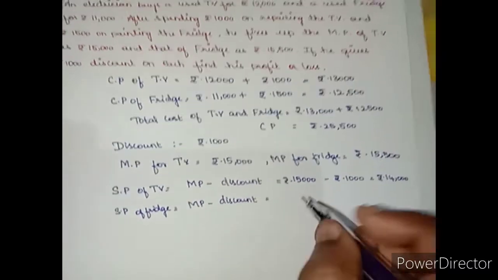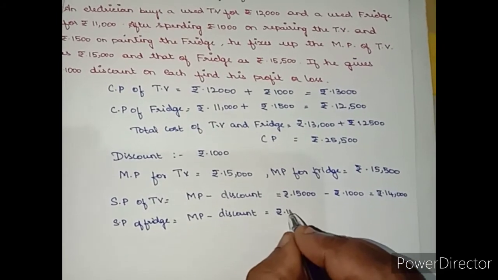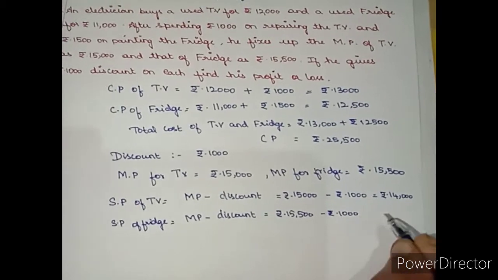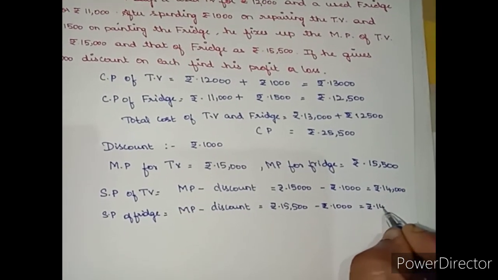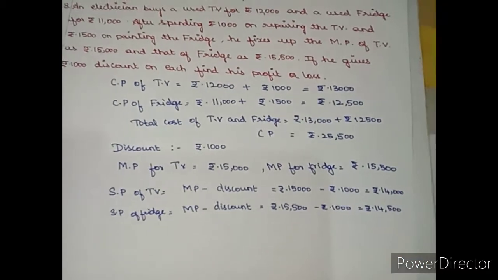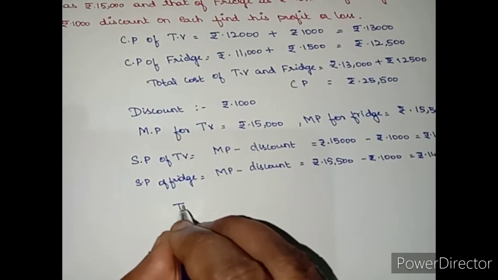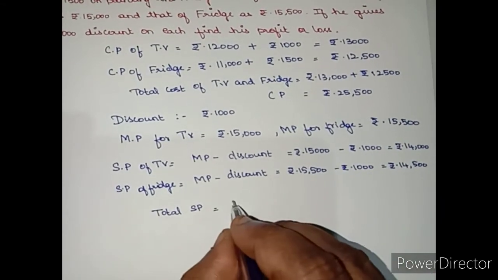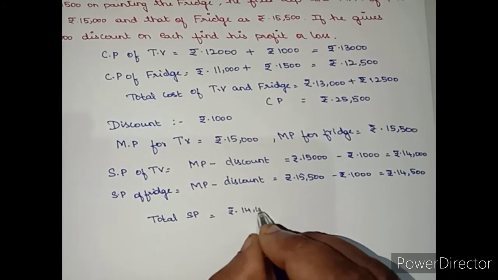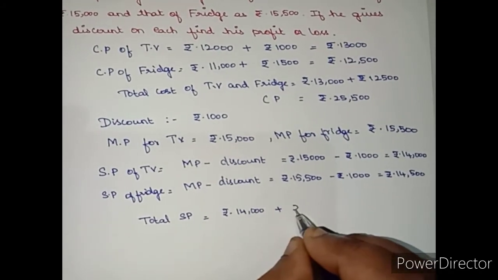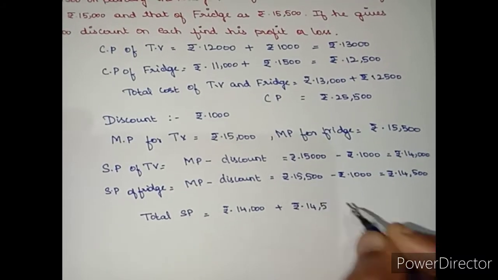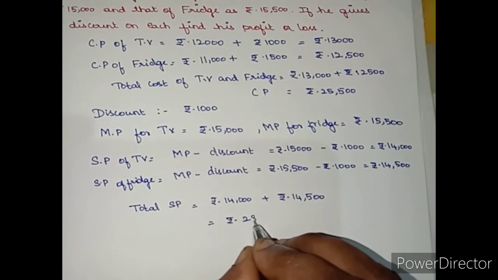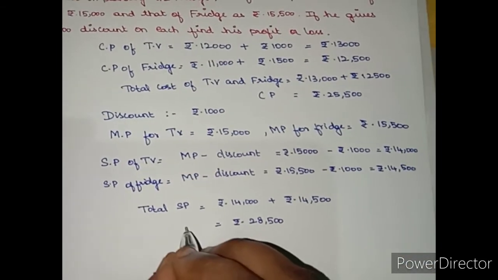So what is the MP of fridge? 15,500 minus rupees 1,000. 14,500. So now we have to find the total SP. It is rupees 14,000 plus rupees 14,500. 14 plus 14, 28,500 is the total SP.